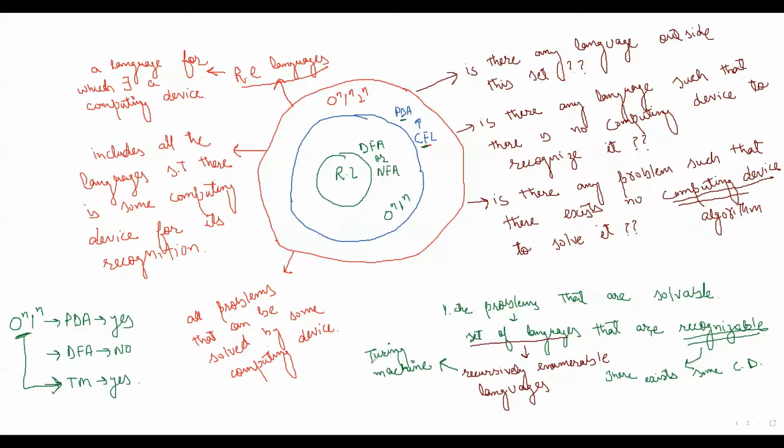But we have to first understand what is a Turing machine. So we will first understand what is a Turing machine. Okay. And then we will see what kind of languages are recognized by a Turing machine. And we know the languages that are recognized by a Turing machine are called recursively enumerable languages. So after completing this, we will then discuss, is there any non-recursively enumerable language?